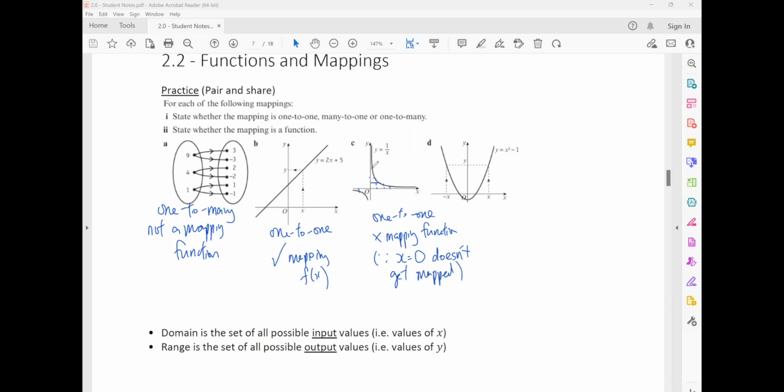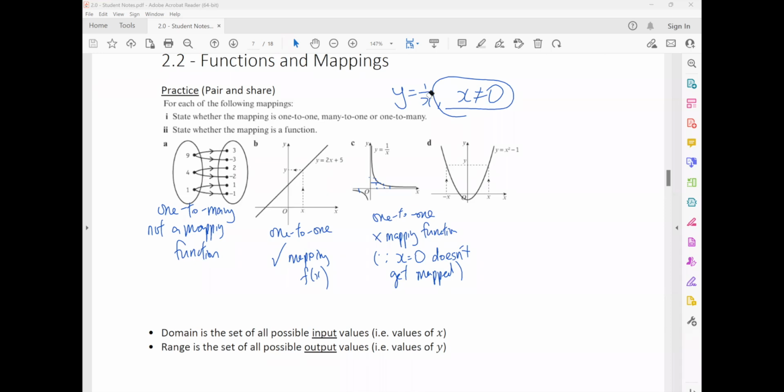When you put x equals 0, what happens to this function? It doesn't generate anything. So for a mapping function to work, all inputs must work, unless you state some values that it's not working for. In this case, if you want this to be a mapping function, it could work, but you do have to say x does not equal 0. We'll touch upon the domain and range in a bit. So without the x does not equal 0 part, this is not a mapping function.